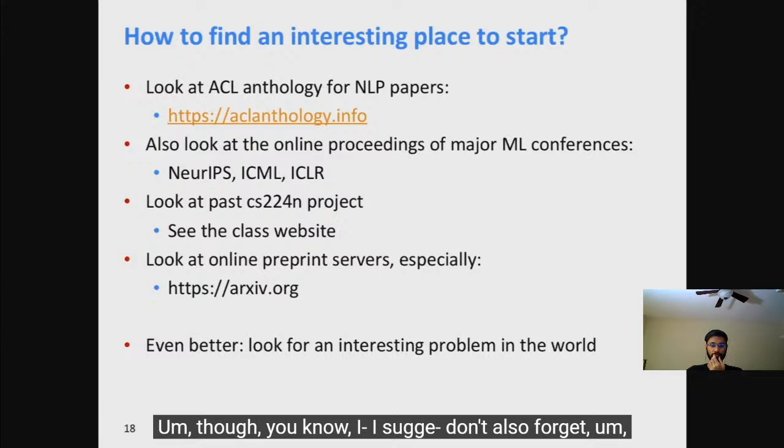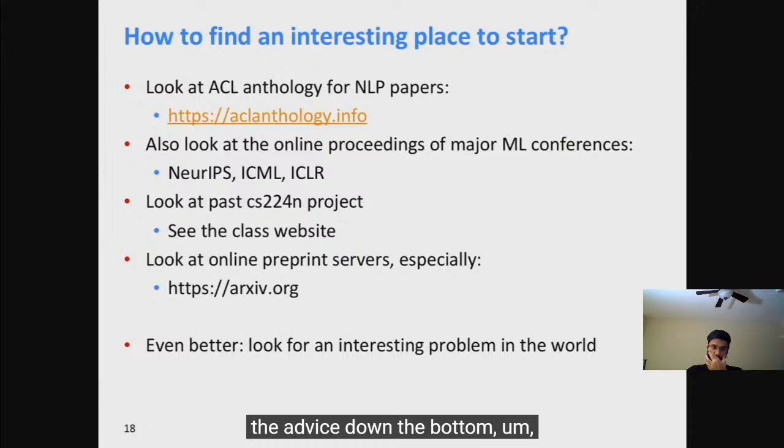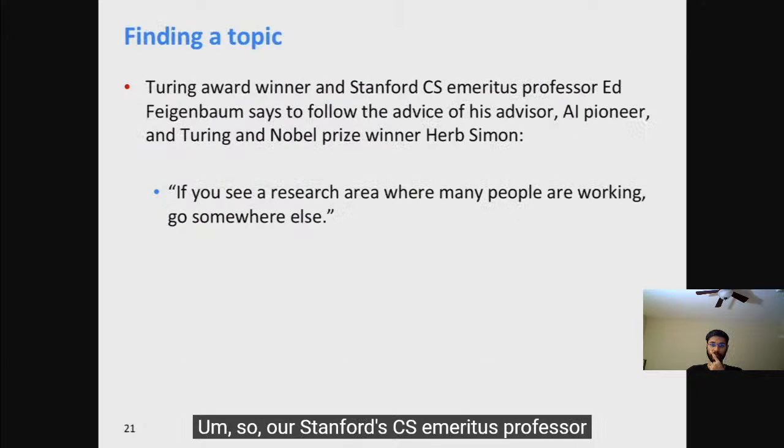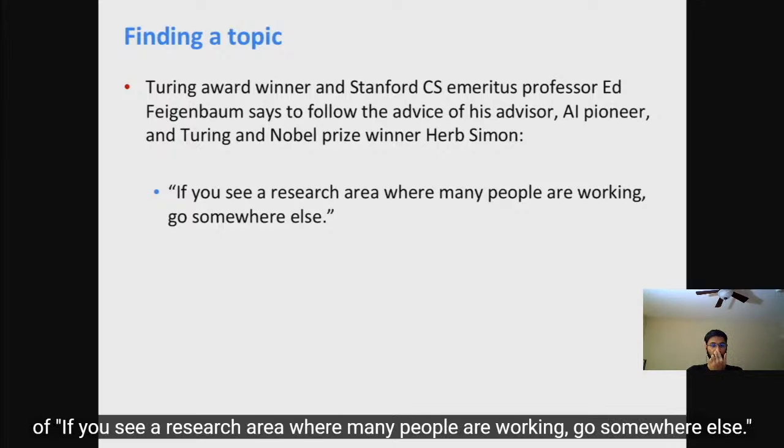Though, don't forget the advice down at the bottom, which is to look for an interesting problem in the world. Our Stanford CS Emeritus Professor Ed Feigenbaum likes to quote the advice of his advisor, Herb Simon: if you see a research area where many people are working, go somewhere else.